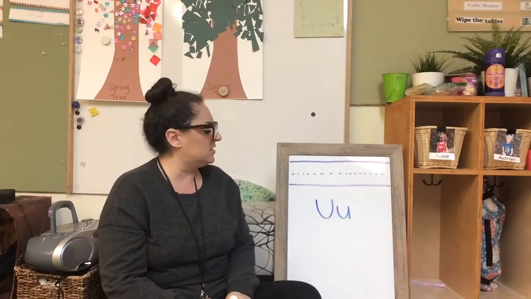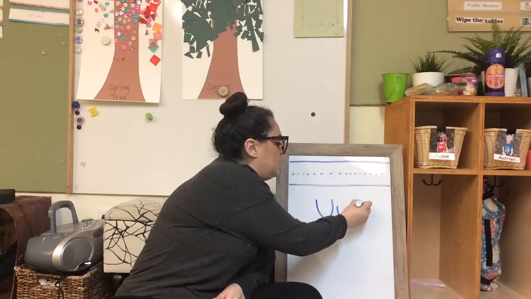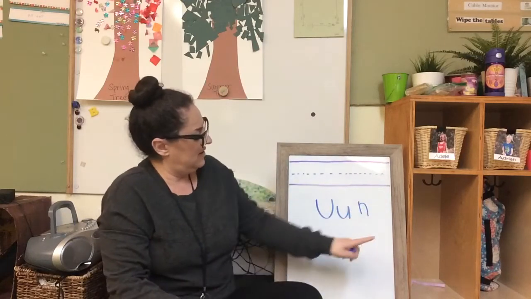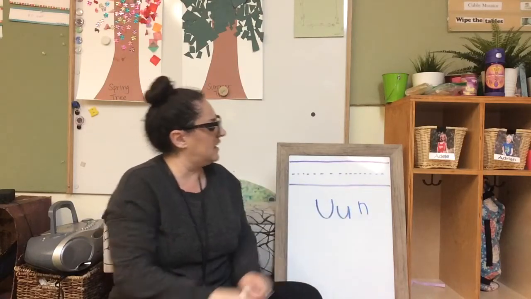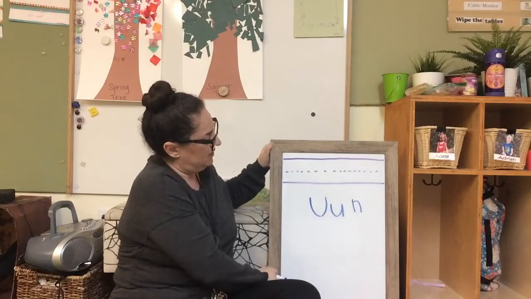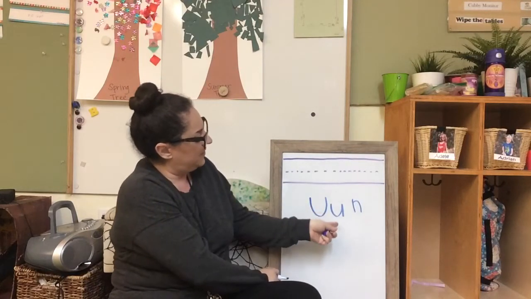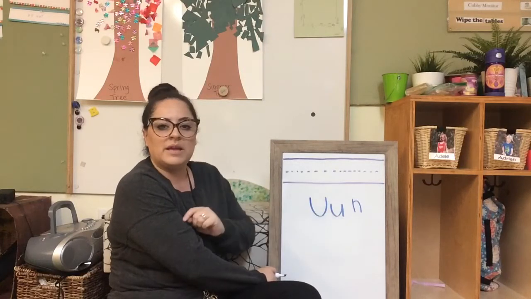It kind of looks like an upside down N. See that? So the uppercase U doesn't have a little tail or a little leg, but the lowercase U does.